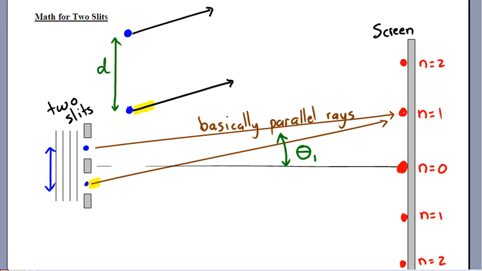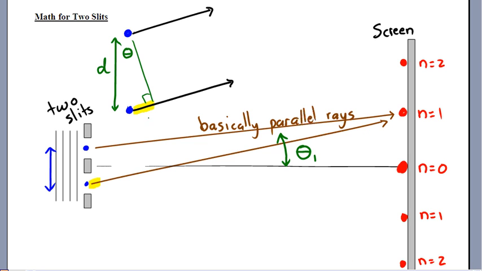But if I add in a little right angle triangle in here, like that, there's a neat little thing with similar triangles where this angle, theta, ends up being the same as the angle up here in that right angle triangle. And so if you're trying to figure out how long this yellow extra path length is, and you know the distance from dot to dot, that's like a hypotenuse in a right angle triangle, and you could use sine to get there.